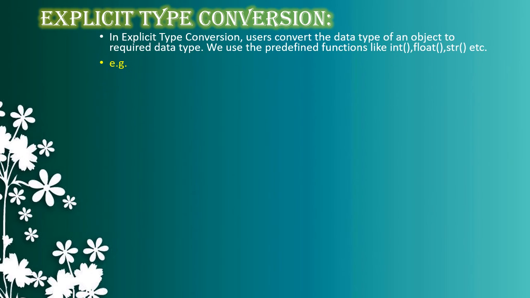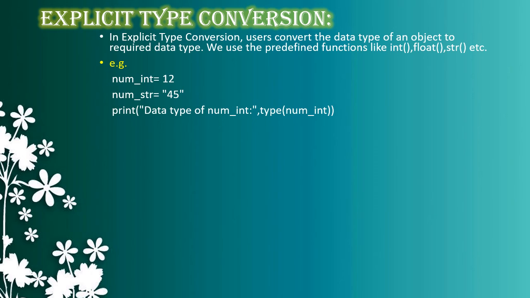Explicit type conversion means we have to mention the data type functions, like int, float or str. According to that, it will be converted. See here, num_int is 12 and num_str is the string value 45. The first print statement prints the data type, which is integer, and before converting, the str type is also printed, which is a string.